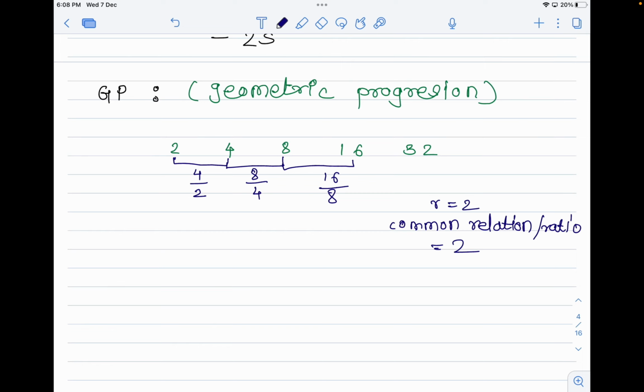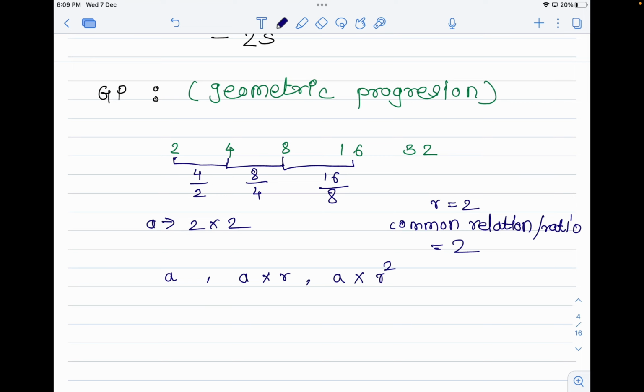Simple: suppose your first term is a, which is 2. The second term becomes 4, so you multiply by 2, that is, by R. For the next term, you want to make it 8, so a is 2, multiplied by R, where R is 2.